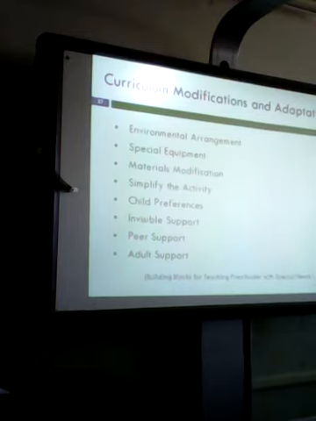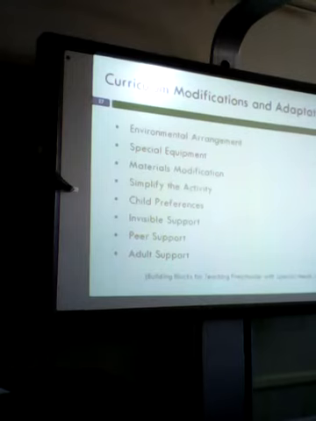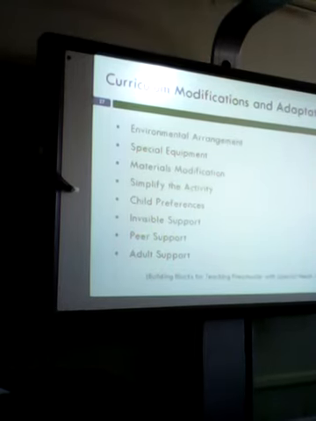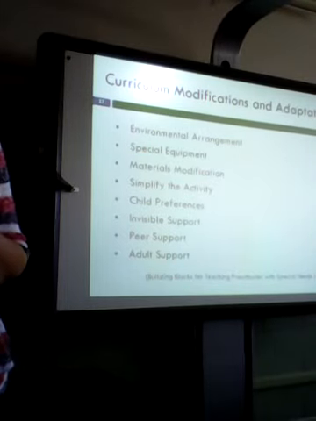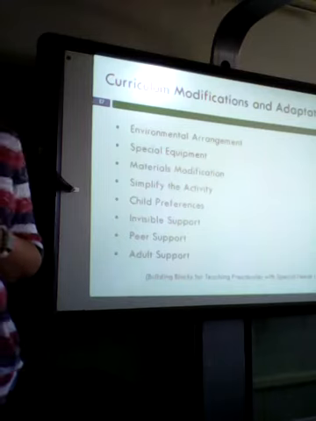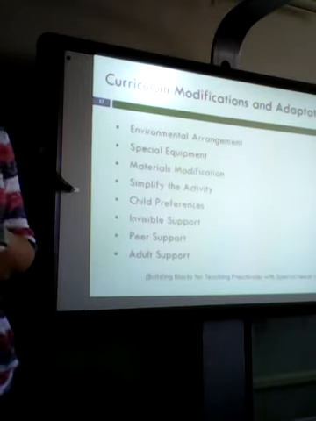So, and then simplifying the activity. What's an example that you can think of if you would simplify an activity? Writing their name independently, maybe it's using a visual model for them, or it could be using dots or something like that, so they have that simplifying of the activity.